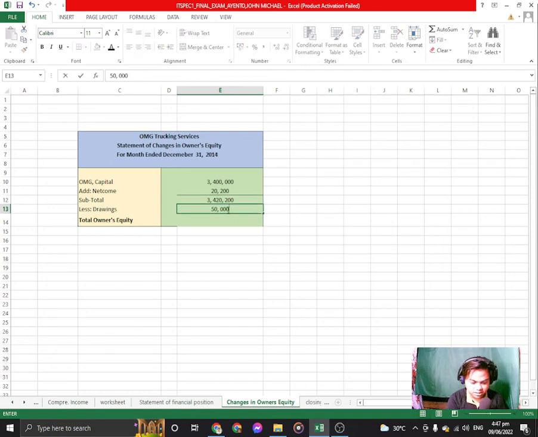The withdrawal we mentioned earlier is 50,000 pesos. And then we just add, plus 50,000 pesos.